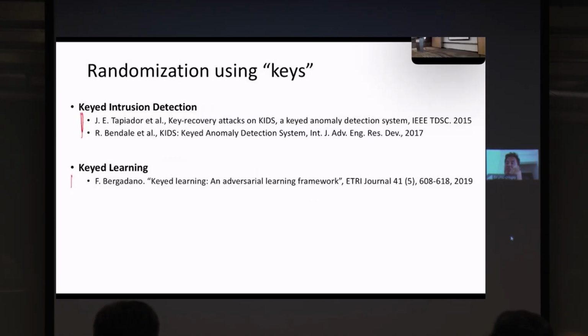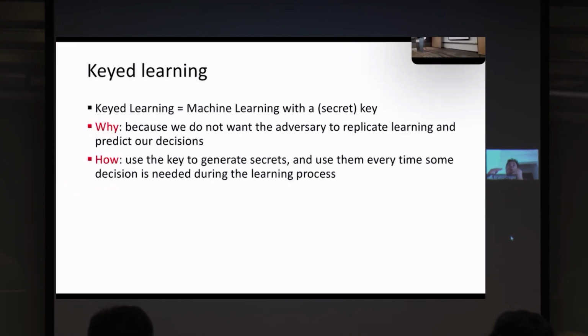The idea is that you generate a key, a bit like a key in a hash function. This key selects all these parameters that we saw can vary at training time. So you have a trained classifier that depends on the key, and what you keep secret is the key.